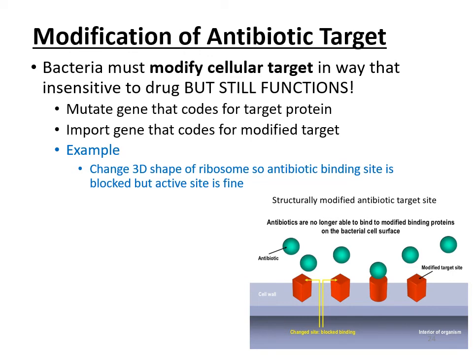And notice how I say in the slide, you'll see the bullet point, mutate gene that codes for target protein. What this means is that bacteria will already have a mutated gene from its past through evolution, and that will code for the different target protein. Okay?